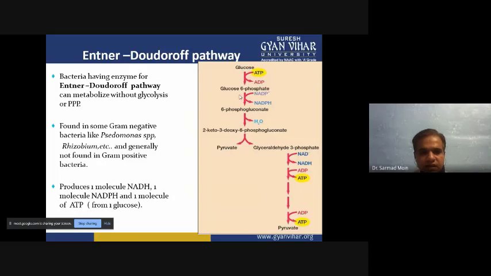And ultimately, if the bacteria follows the Entner-Doudoroff pathway, it will produce one molecule of NADH, one molecule of NADPH, and one molecule of ATP from one molecule of glucose, and ultimately two molecules of pyruvate will be synthesized.